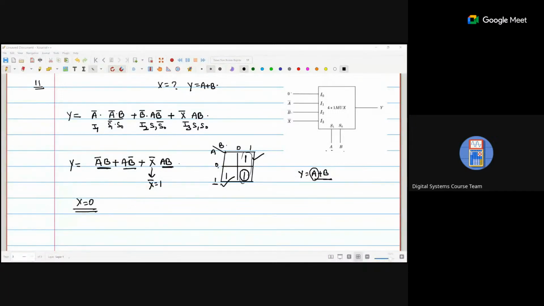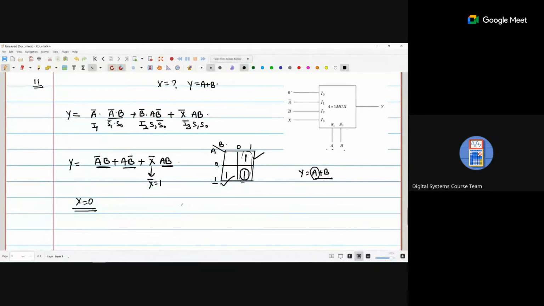So one option is X is 0. Second option, if I put X bar as 1, this term is again AB. We require three terms: A bar B, AB bar, and AB. This one is A bar B, this term is AB bar, this term is AB. We are already getting these two terms, we require only this term. How is it possible? Either X bar is 1 or X bar is A. In both scenarios, X bar dot AB is AB.